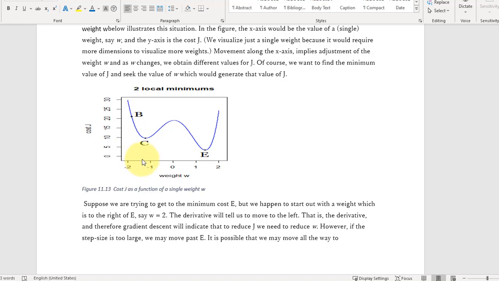So what you could do is try different set seeds, and sometimes your random weight will be here, and some other time it'll be somewhere else. So in some of these, you might actually get to this low point or get close to it.